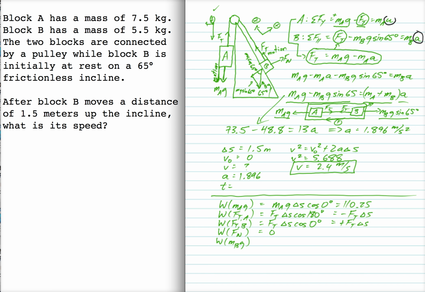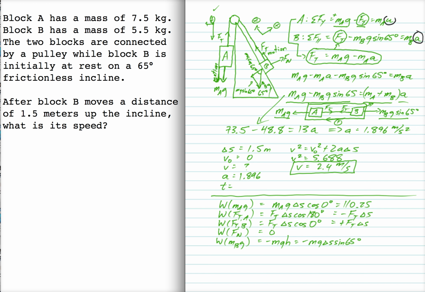And then the work done by gravity for mass B can be solved in a variety of ways. Maybe the easiest way is to use the potential energy method. In this case, it's minus mgh, because it goes up, so there's the minus sign. And of course, h, the height through which it moves, is delta S sine 65.